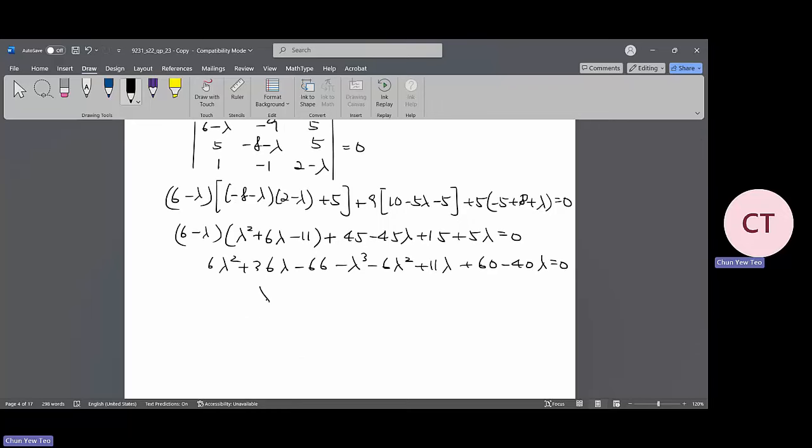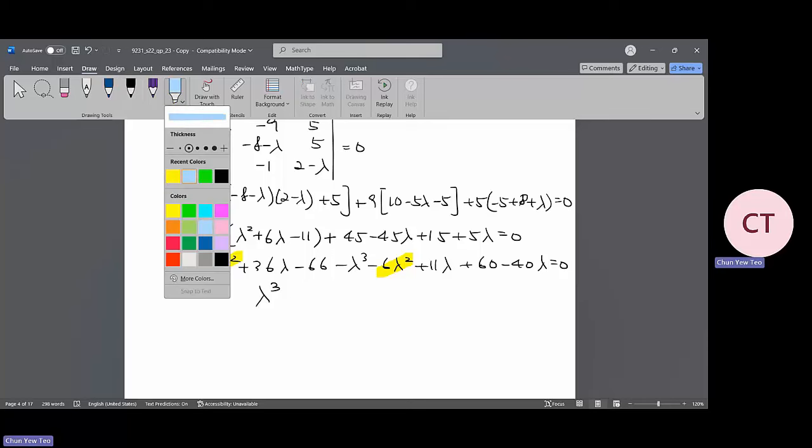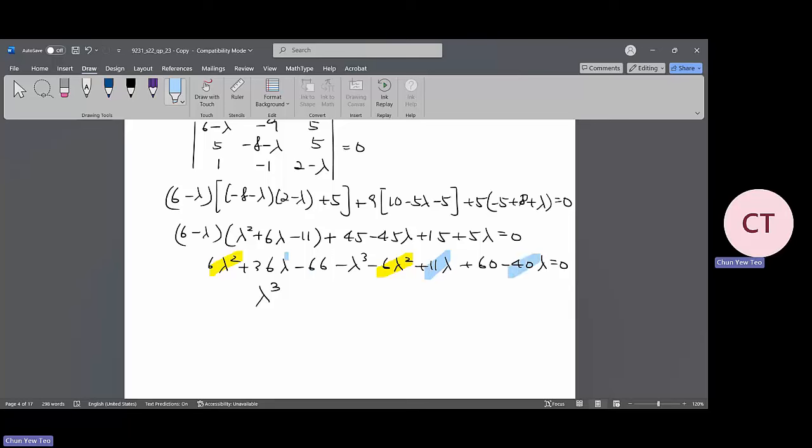Then you will get lambda cubed. This can cancel. Then this one you can combine together: 11 lambda, negative 40, and positive 36. If you join them together, you get lambda cubed minus 7 lambda plus 6 equal to 0. So we can factorize the root out.